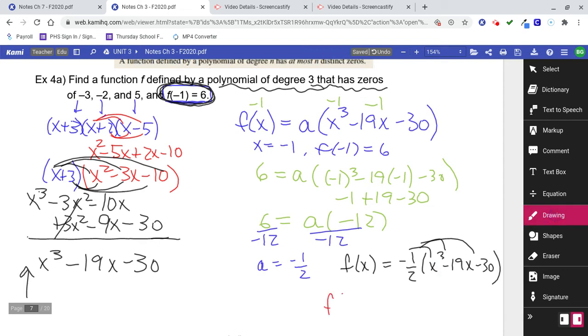I'm going to get f of x equals negative 1/2 x cubed plus 19/2 x. And then half of 30 is 15, so plus 15. Now I have a polynomial of degree 3 with those zeros that they required and the special stipulation that plug in negative 1, you get 6. Negative 1/2 x cubed plus 19/2 x plus 15.